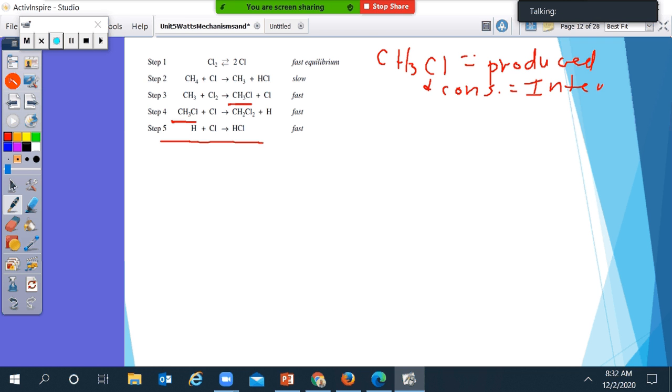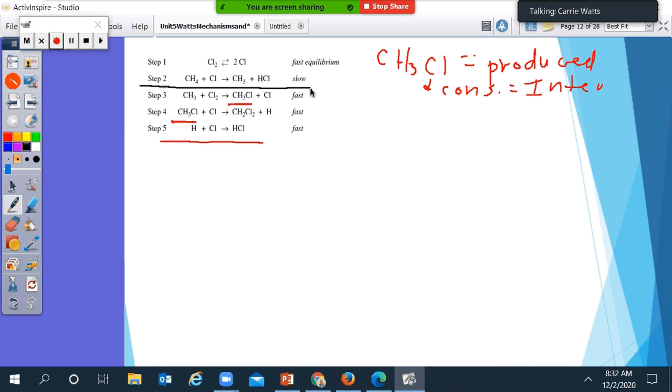Then the second problem is to know the order of reaction with respect to methane and chlorine, Cl2. So the first thing I'm going to do is, everything is numbered 1, 2, 3, 4, 5. I know that I am going to write my rate equation based off of step 2.